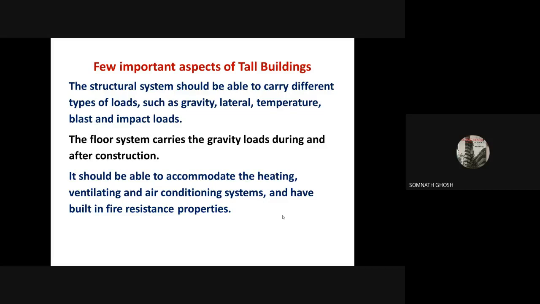And it should be able to accommodate heating, ventilation, and air conditioning systems, and fire resistance property. The material which we are using, or they may go for some coating also, which is fire resistant, to improve the fire resistance property. So, you see, you have to think as a whole, not part of it.